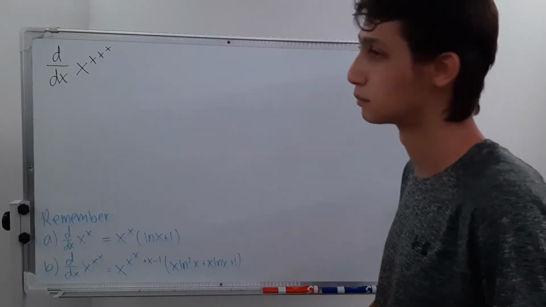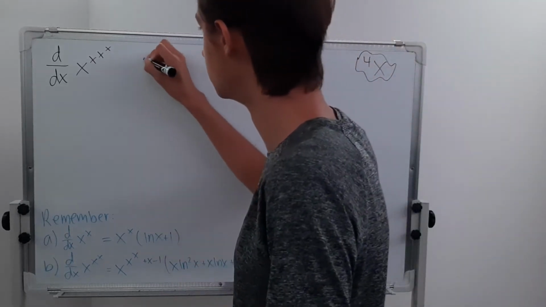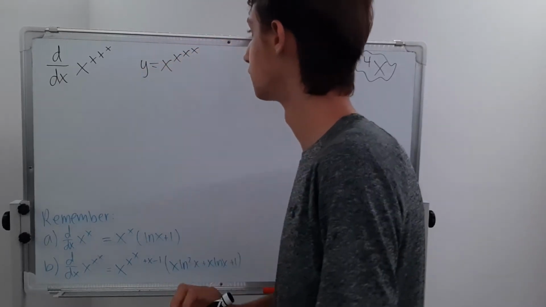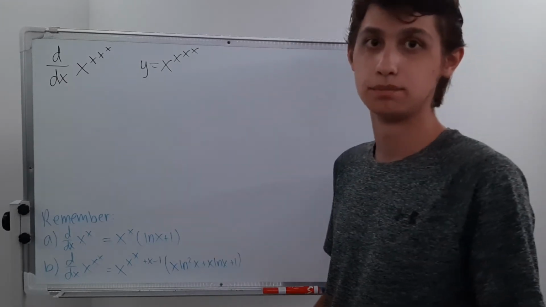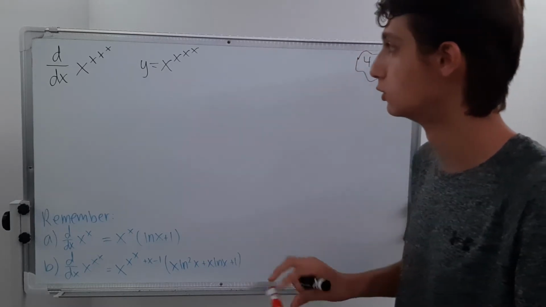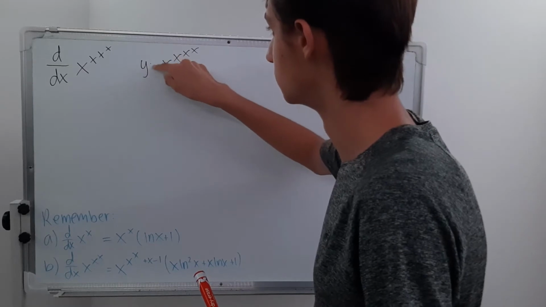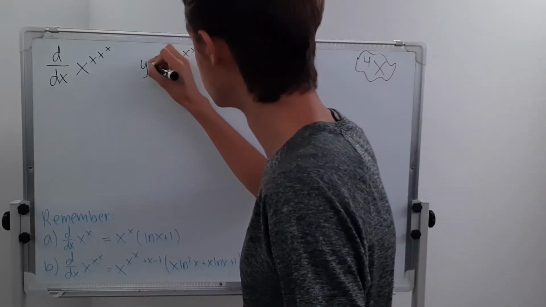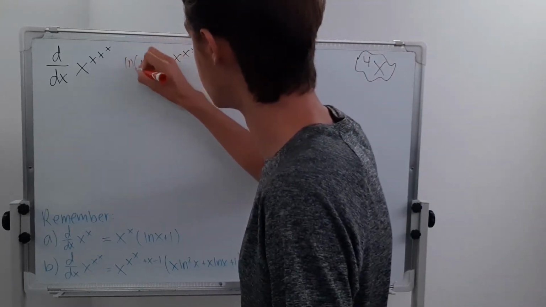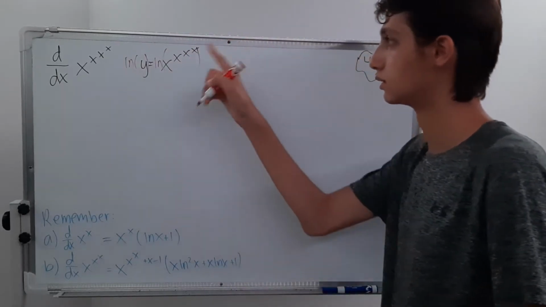Well, let's start by doing what we normally do with logarithmic differentiation and set y equal to our function. Okay, so y is equal to this. Now we're going to take the natural log of both sides, because this way I can use log rules to bring powers to the front.